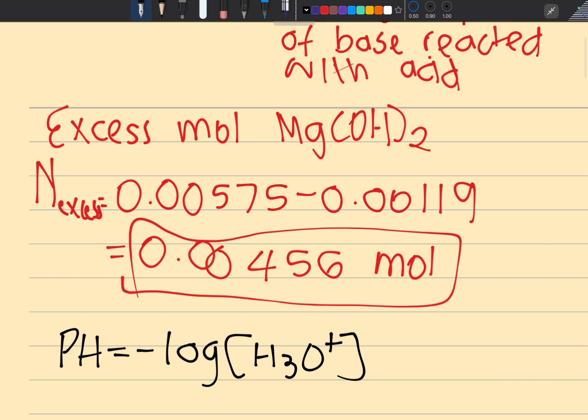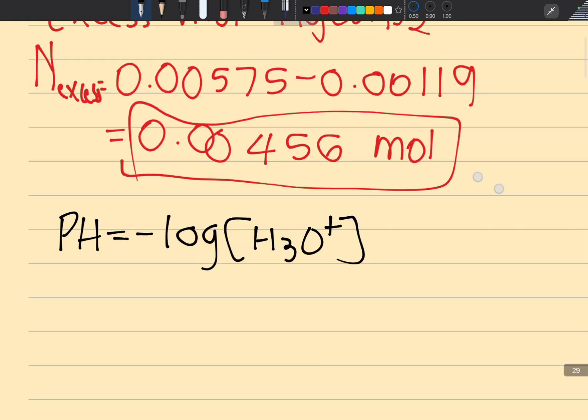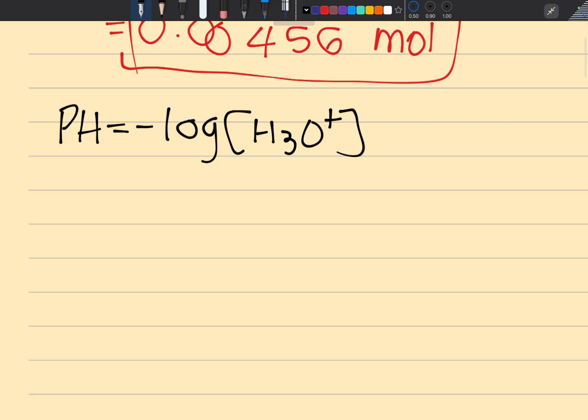I'm going to take that excess number of moles of the base and convert it to concentration. So now I'm finding the concentration of excess base, which equals number of moles over the volume.